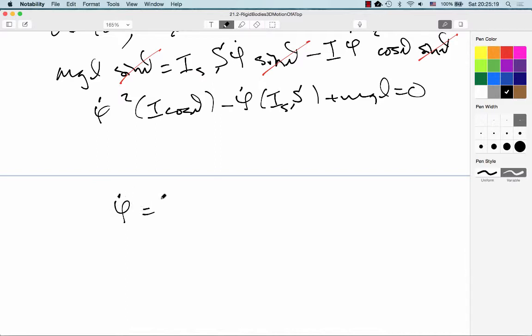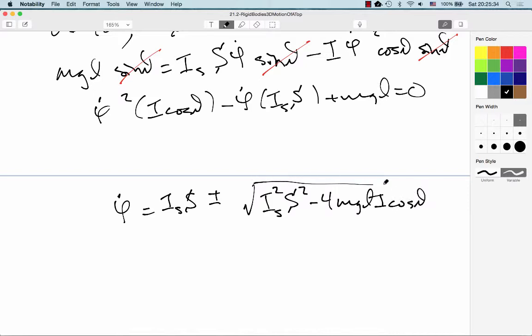So we get phi dot is equal to I_S S plus or minus the square root of I_S S squared minus 4 mgl I cos theta, all over, let's see, 2a is going to be 2 I cos theta.